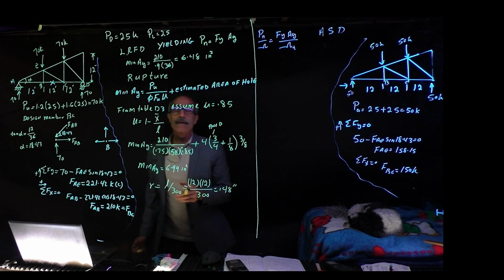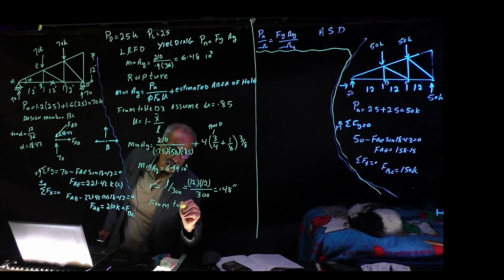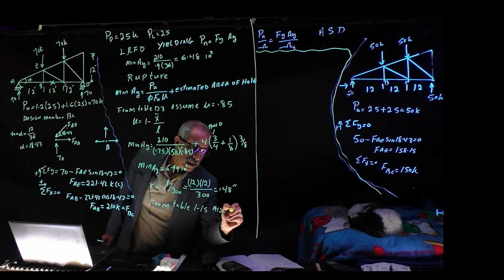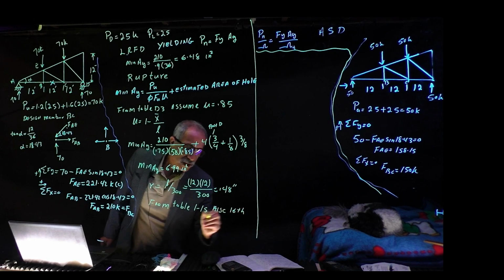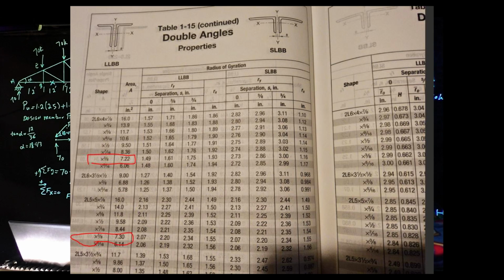So now we have that. From table 1-15 AISC 16th edition, we select 2 angles.